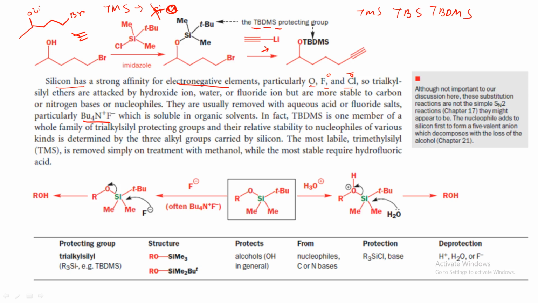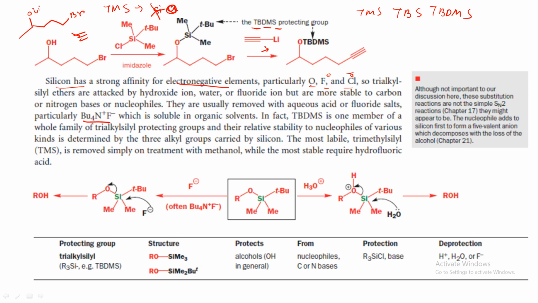For the protection case we have oxygen protecting with silicon, and to deprotect them we need F minus. The most famous reagent for this kind of chemistry is tetrabutylammonium fluoride.